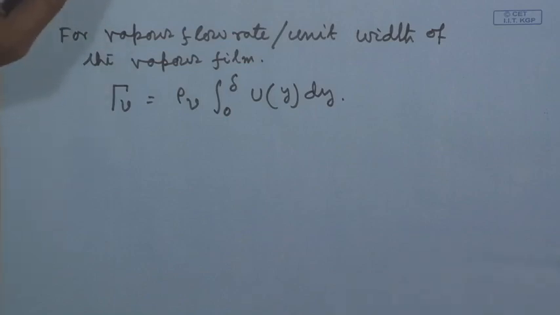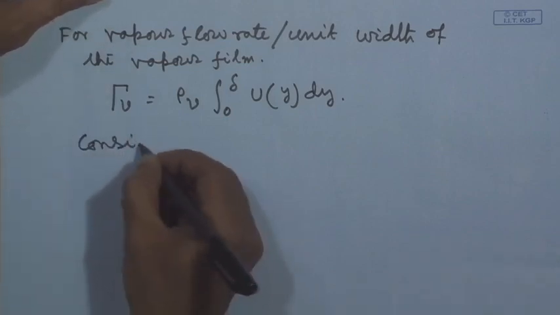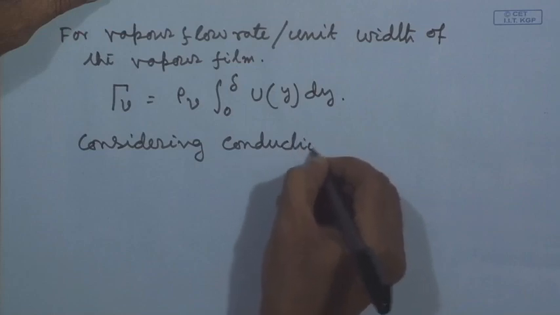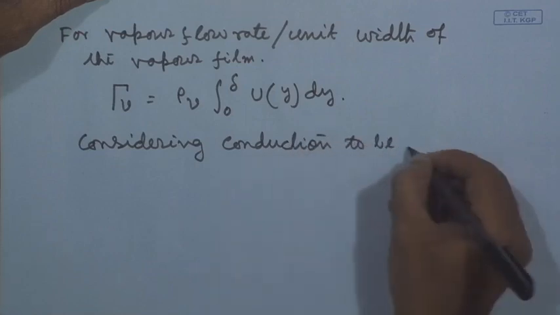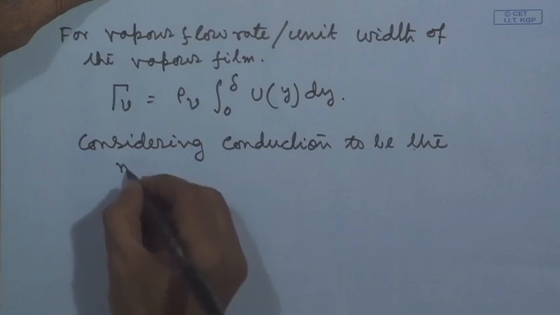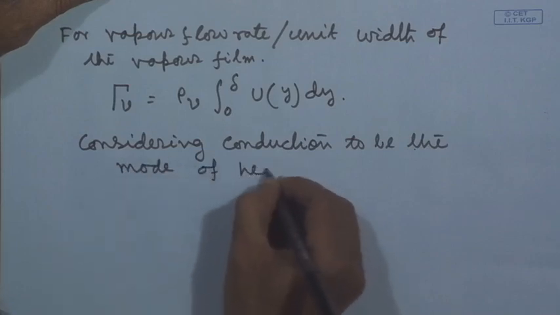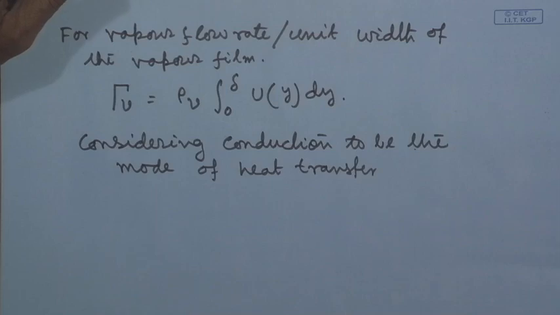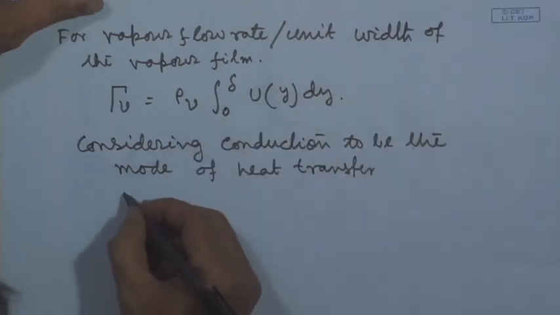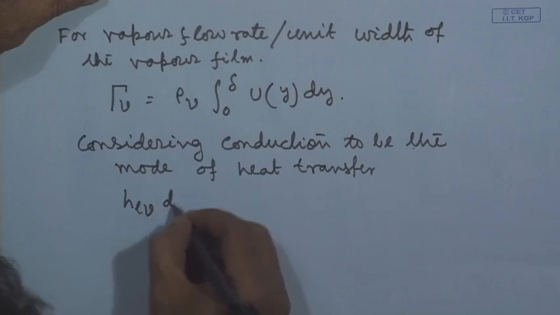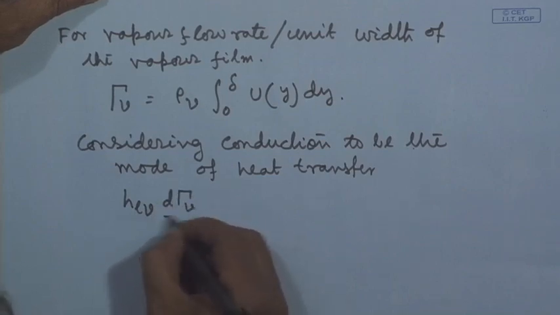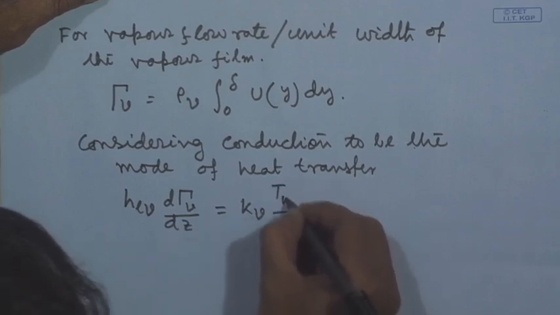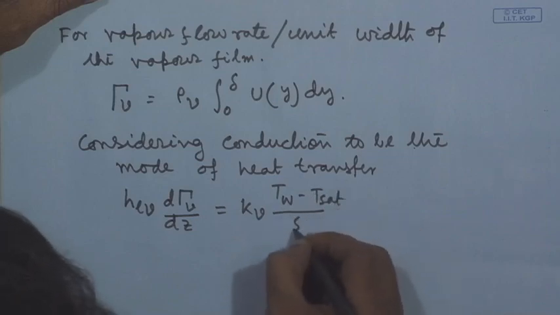Considering only conduction through the vapor film, considering conduction to be the mode of heat transfer, one can get h_LV d tau_V dz is equal to k_V (T wall minus T saturated) by delta.